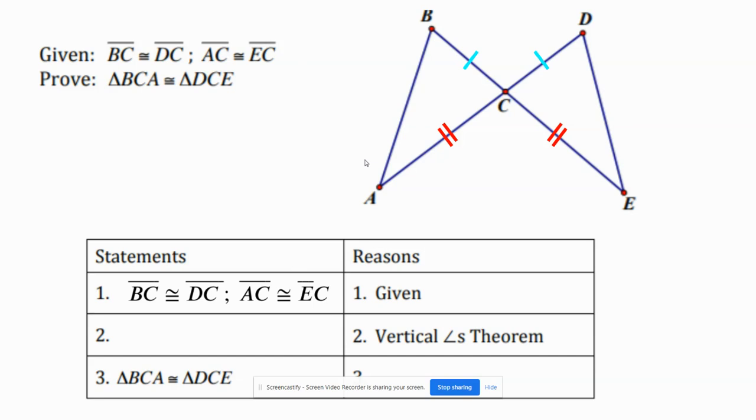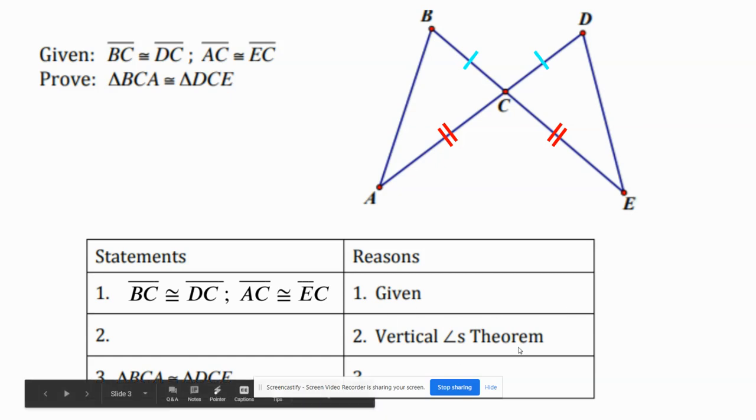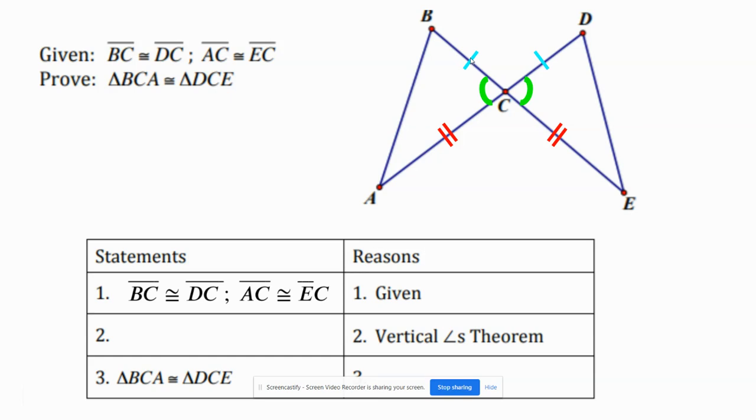Once I've marked everything that's been given to me on my picture, I'm going to start to assess and see what triangle congruence postulate I could use based on what I have. Now, there's no way for me to know anything about BA in comparison to DE because I don't have enough information. But what I do know is down here, they've said the vertical angle theorem, and that's these two angles around angle C. So I have two sides that I've marked as congruent.